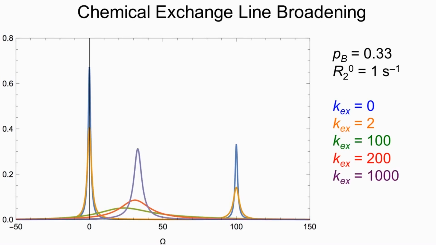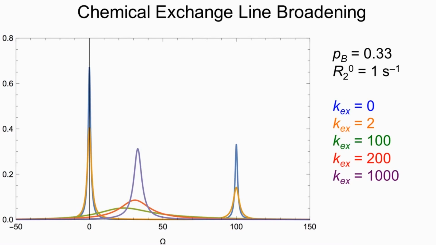And if I make the rate larger, now KEX is about 10 times delta omega, and now you can see we have a Lorentzian looking line at the average resonance position, and as the rate gets faster and faster, that line will continue to get narrower and narrower.